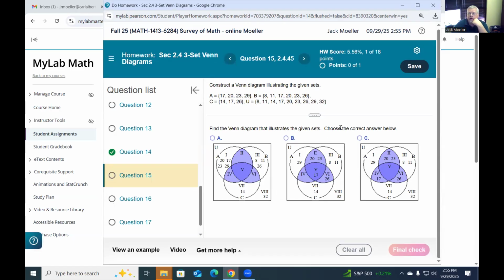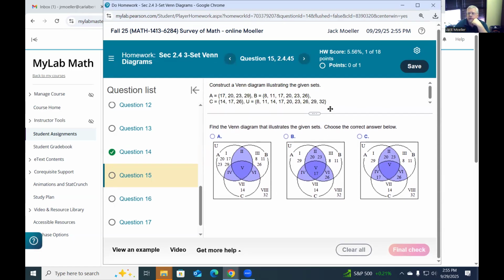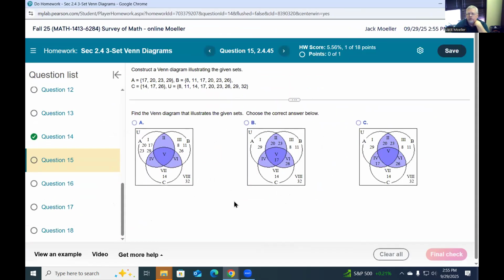Construct a Venn diagram. Notice that this is multiple choice. They'll only give us 3 choices. All right, so we have 3 sets plus the universe. So I don't know about you, but in this multiple choice, let's start on the inside. So if you notice, there is 17 in the very middle. A and C have nothing, so we can narrow it down there.